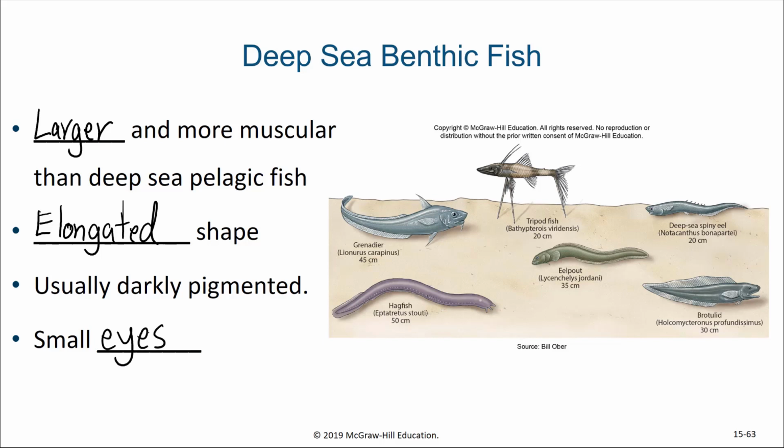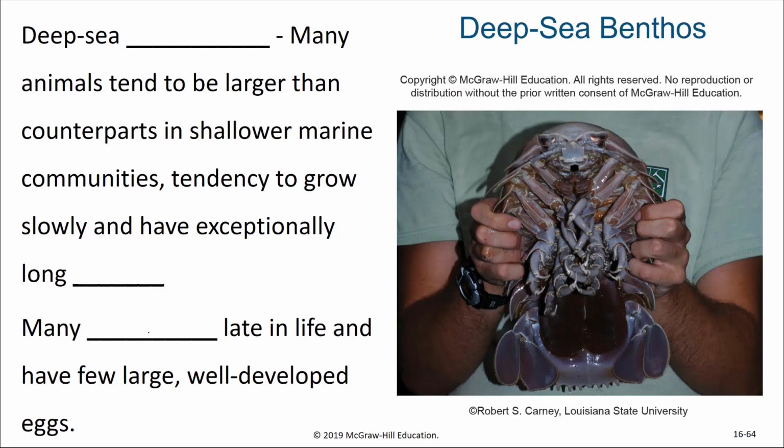An interesting aspect of some of the deep-sea benthos is a condition known as deep-sea gigantism. This is where many organisms tend to be larger than counterparts in shallower marine communities. They tend to grow more slowly and have exceptionally long life spans.